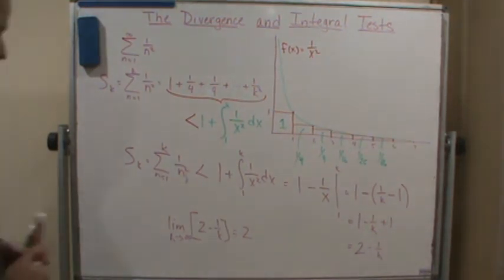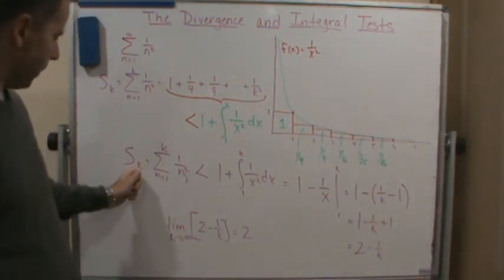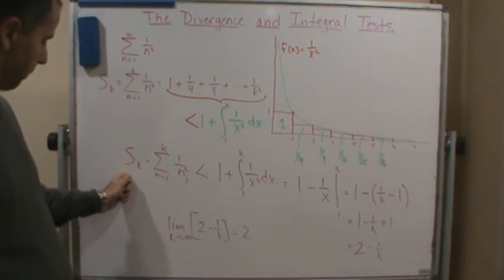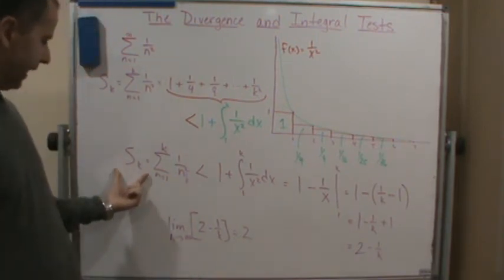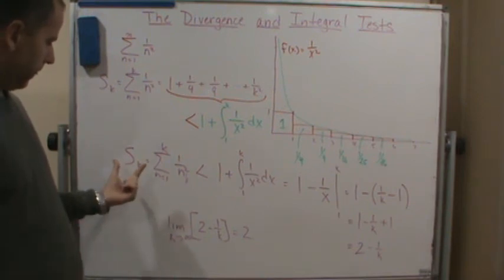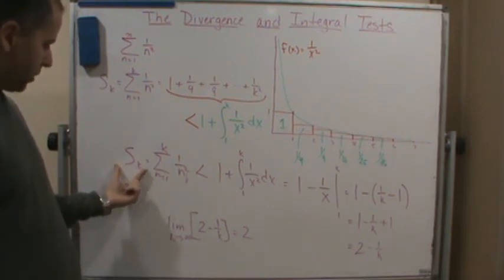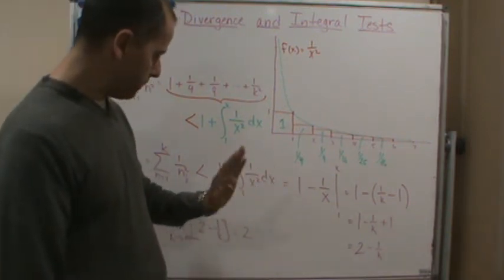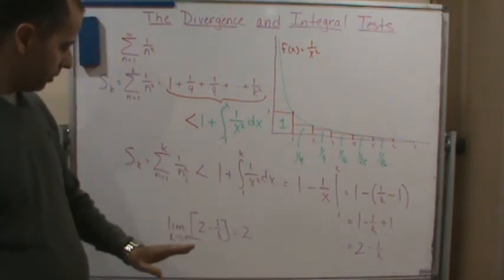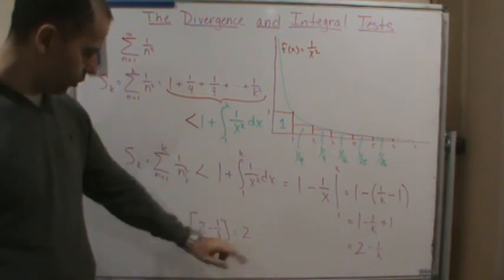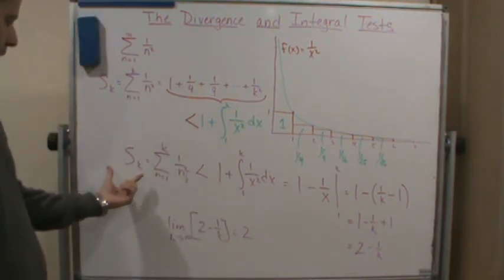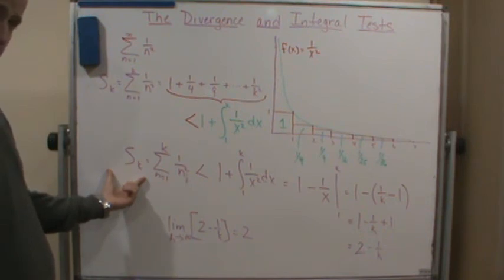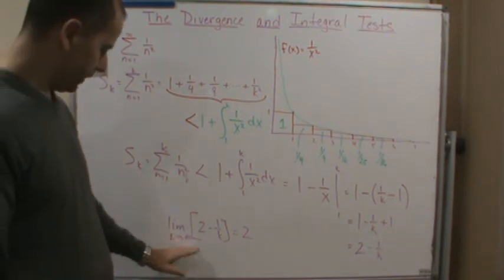So what we're saying is that for any k, this partial sum is always going to be less than 2.